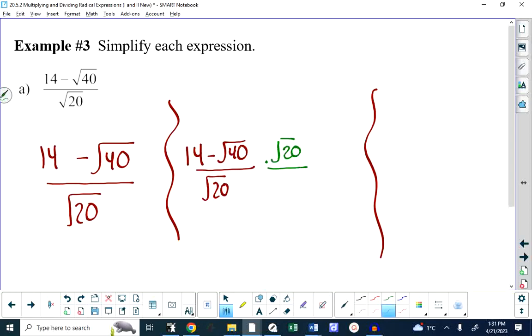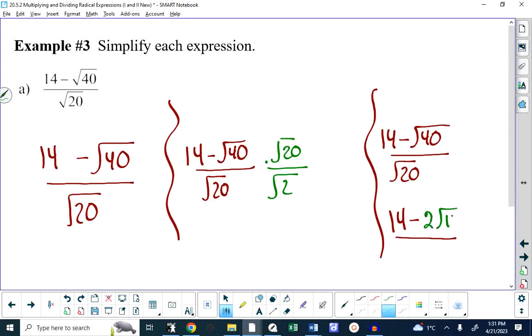And then the other option is, how many of you want to take 14 minus root 40 over root 20 and do this first? So we have option 1, option 2. How many of you would prefer to do option 1? How many of you would prefer to do option 2?